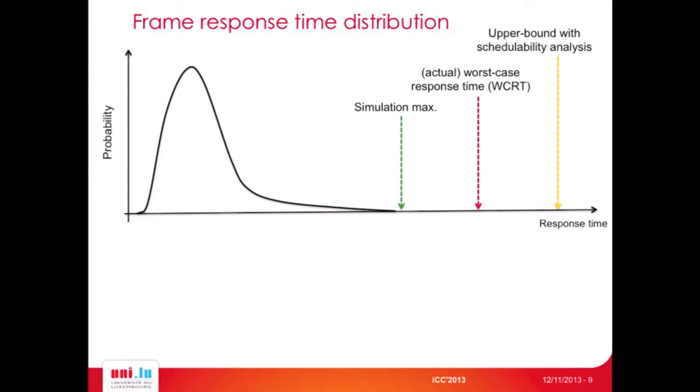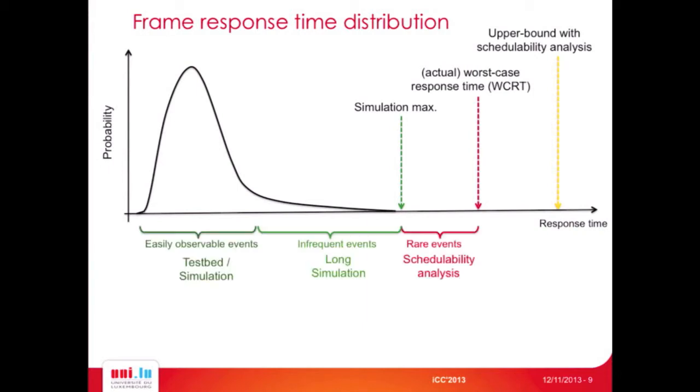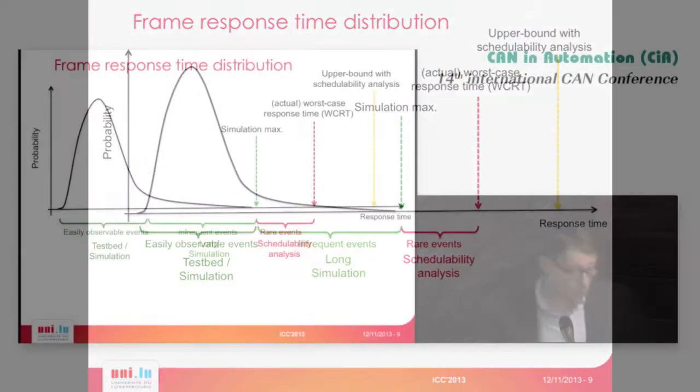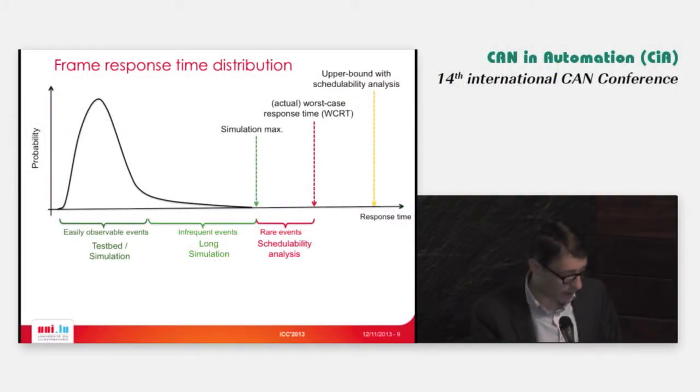And that's the upper bound provided by schedulability analysis. The bulk of the distribution can be seen on a test bed or by simulation. More infrequent events can be seen using long simulation, but there is a point where simulation is not suited anymore, and for the rest, we have to resort to schedulability analysis.